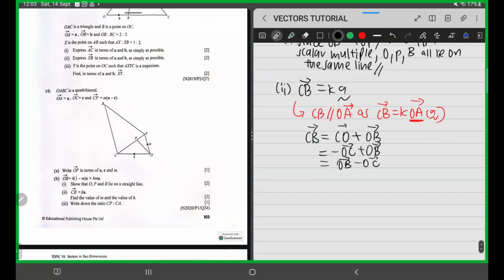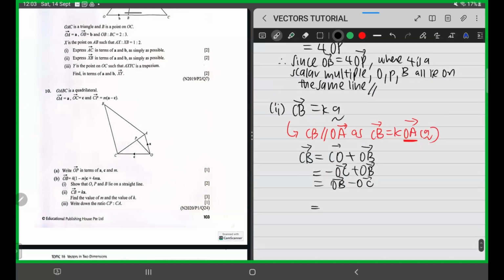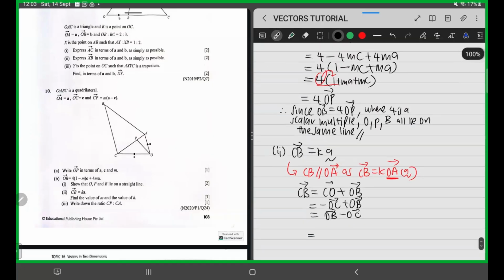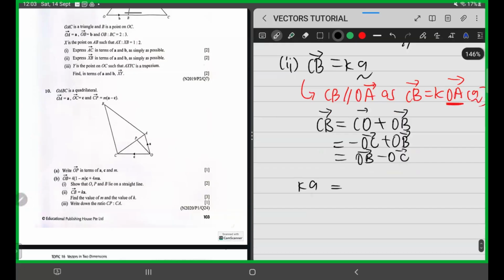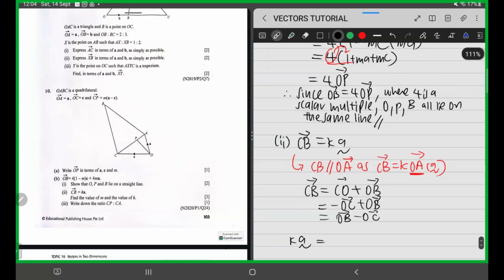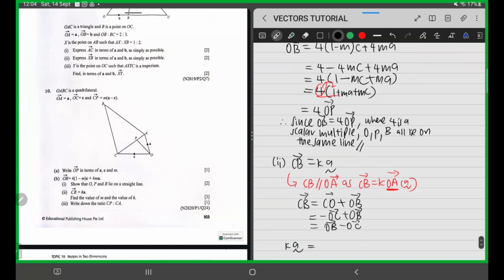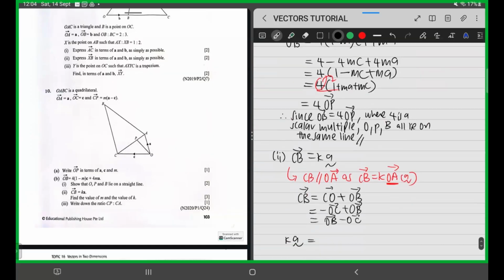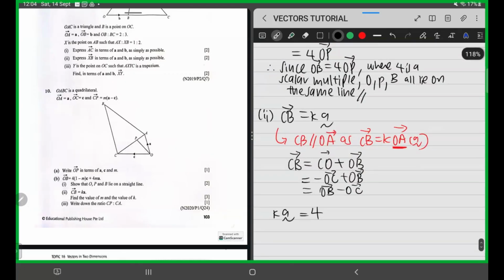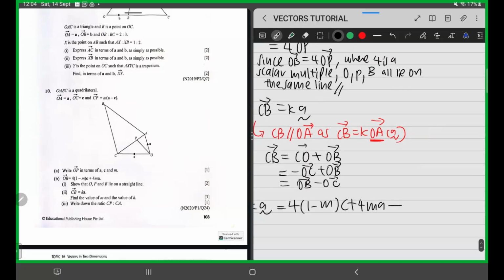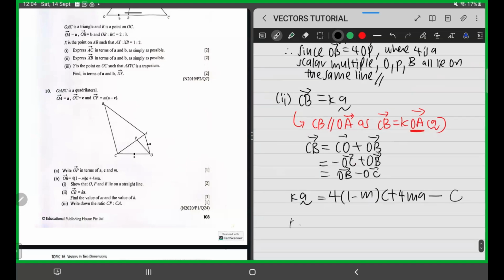So you just sub in all of your values. So OB as what you found, okay, wait. Your CB, the question says is KA, right? And then your OB, as what you found earlier, is just 4 bracket 1 minus M, C, bracket plus 4MA, right? And then you minus your OC. So your OC is C over here. So you just expand out everything.